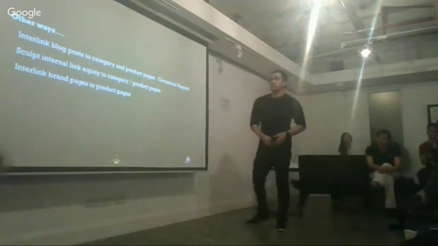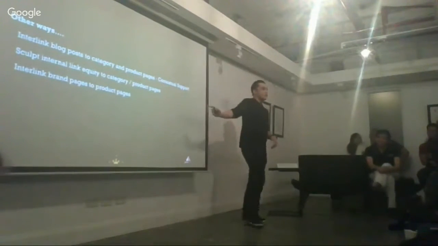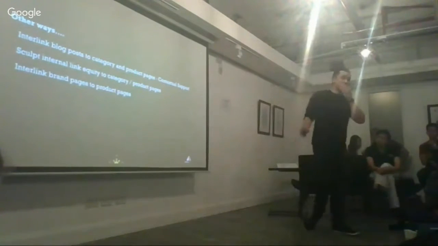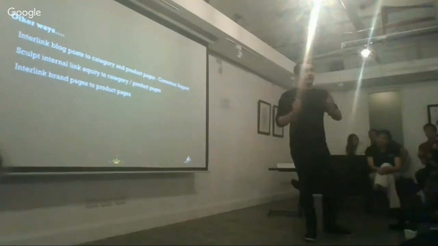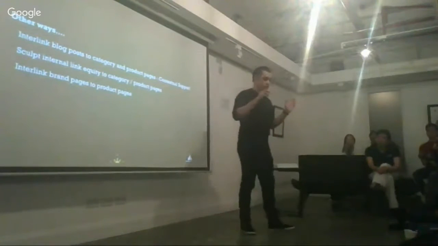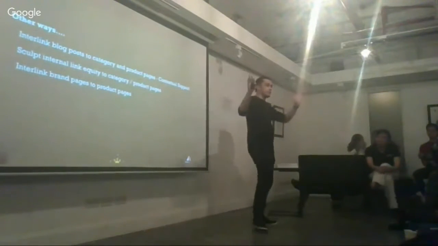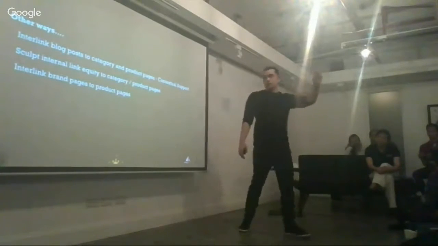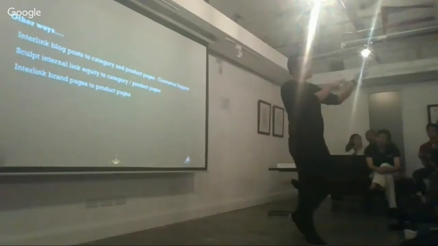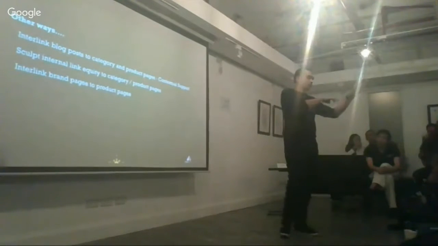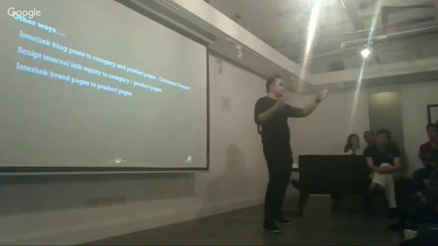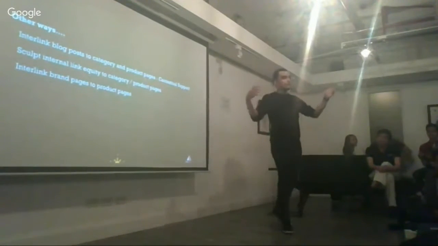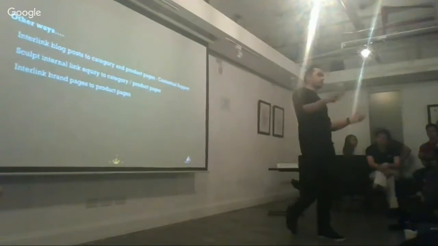Interlink brand pages and product pages. This is something that will provide you with better rankings. Let's say you have a variety of shoes, right? You have Nike, you have Adidas, and you have maybe Reebok. Under Nike, you have sports shoes, I don't know, running shoes, whatever. So it's important for you to interlink these pages, again, for context.